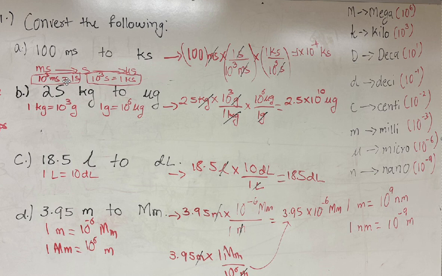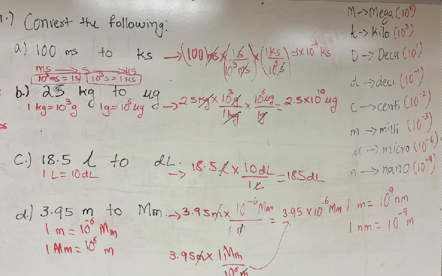Now, this is the same relationship you have here, which is 1 millisecond is going to equal 10 to the negative 3 seconds. But if you invert it, you could say that 1 second is equal to 10 to the 3 milliseconds. You could state the relationship in either way.